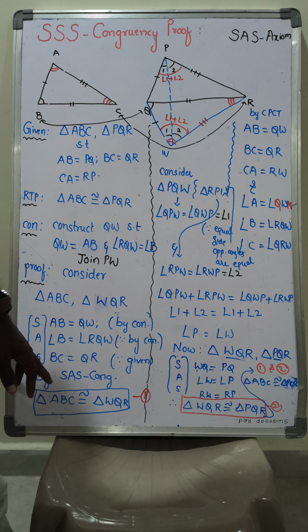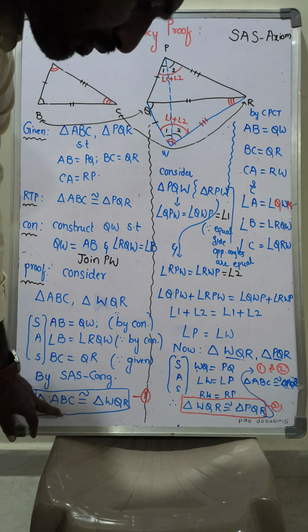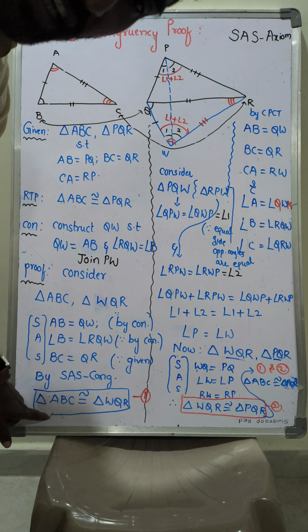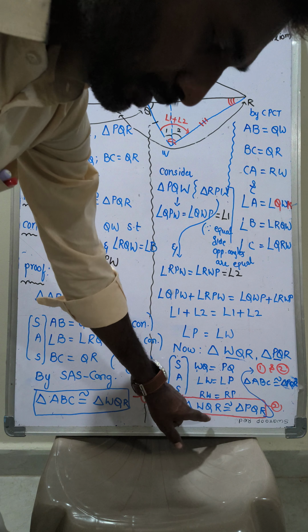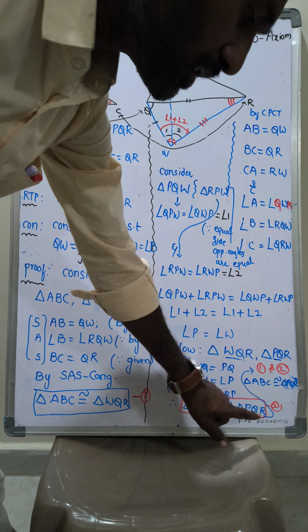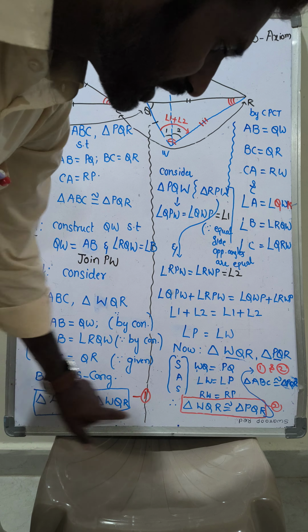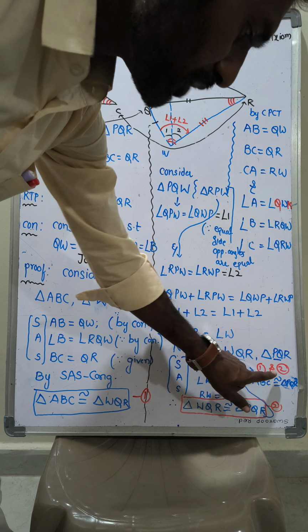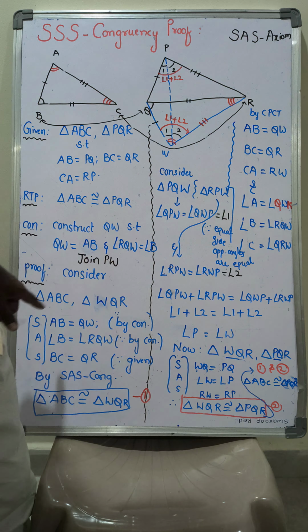From the transitive property, we can say that, for example, assume triangle ABC is A, triangle WQR is B, and triangle PQR is C. A is equal to B, B is equal to C, therefore A is equal to C. So from 1 and 2 we can write triangle ABC is congruent to triangle PQR. That is what we need to prove. So this is how we can prove it.